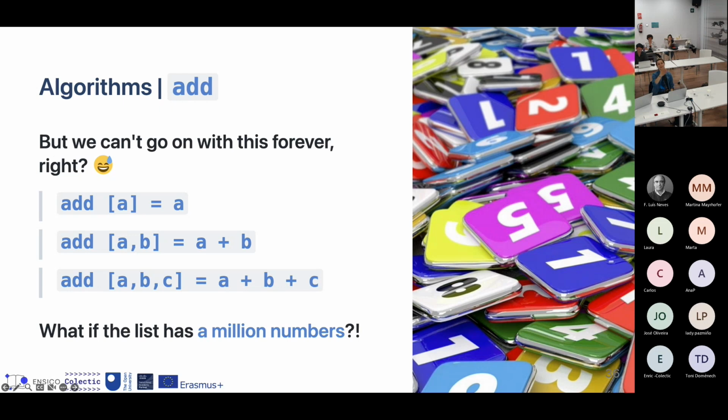So if I have a list with 1,000,000 numbers, I don't even know how I would represent those 1,000,000 numbers. We don't have 1,000,000 letters, so it will be just boring and cumbersome, okay? So we need a strategy. It can't be done by brute force, by writing case by case. We need to be smart, okay? So, yes. So just add one thing.